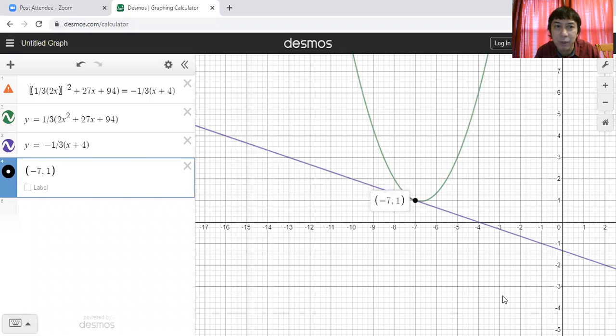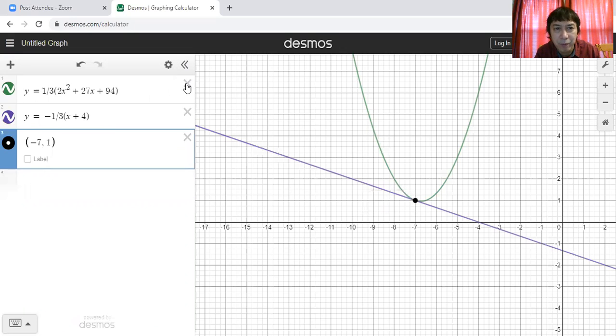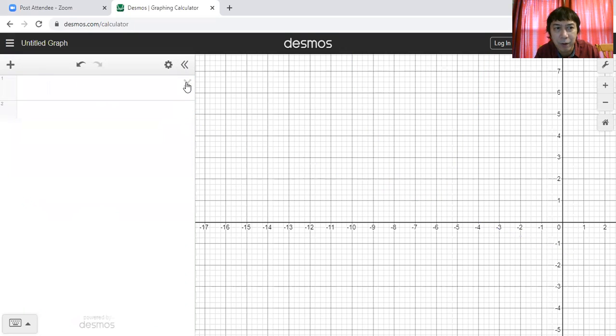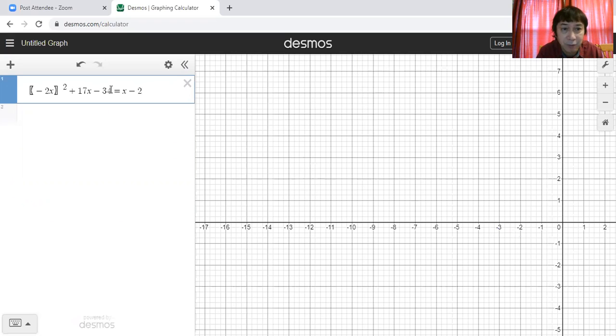Erase the previous problem. And then paste your next number there. You can also paste it on the screen and do a little adjustment in those extra parentheses. Okay, there. And here's another equation of one variable x.